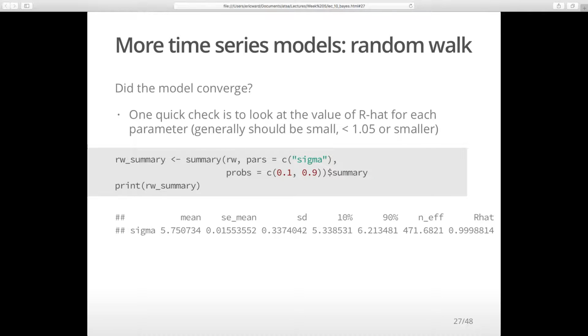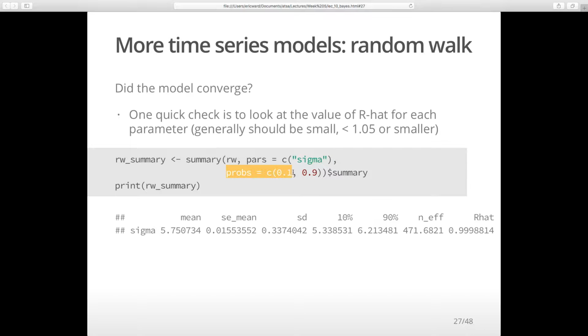So we've written this summary function so that we can summarize, or I think the summary function is actually coming from the rstan package. In this case, we're going to summarize our stanfit object. We're going to specify what parameters we want to create summaries for. In this case, we'll just do a summary for our observation variance, or sigma.